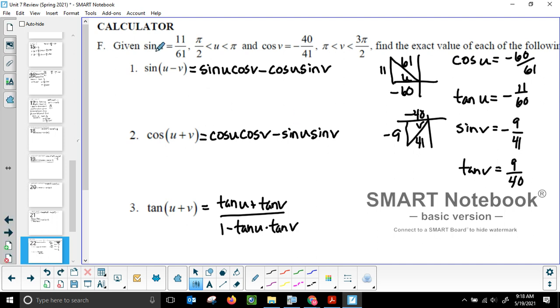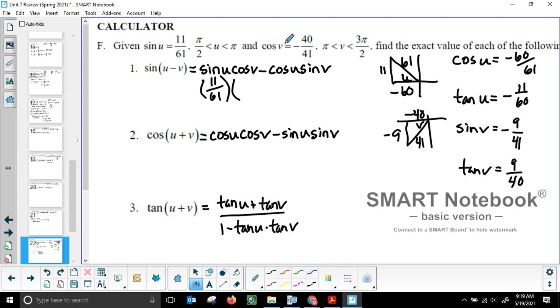Remember, in math, when two things are equal, they are interchangeable. So the whole sine of u, this doesn't say u equals 11 over 61. This says sine of u is equal to 11 over 61, which means I replace the entire sine of u with 11 over 61.